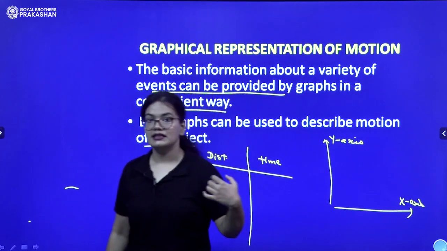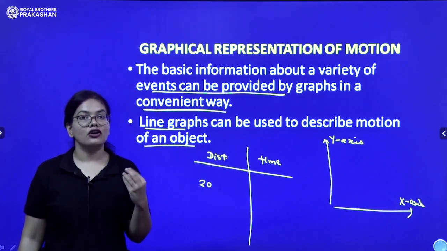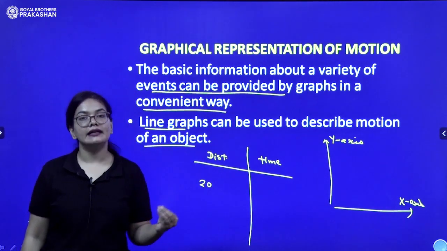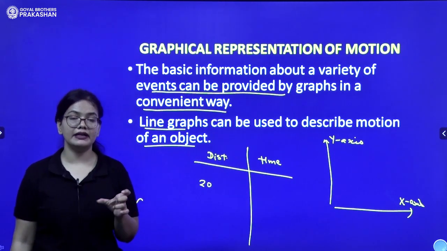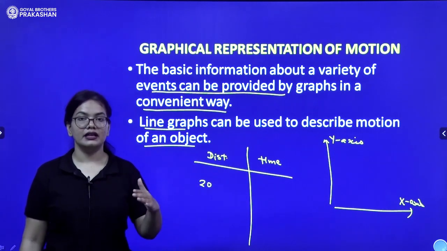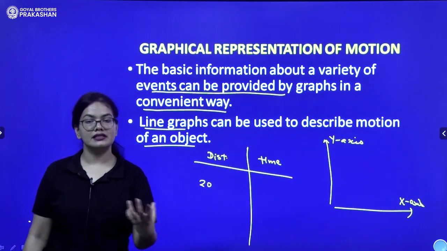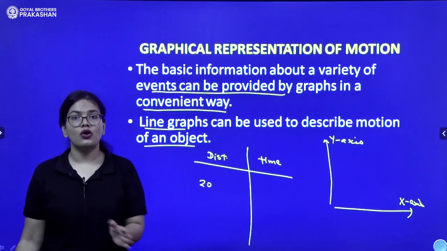Why is it so? The one thing you need to keep in mind is the concept of independent and dependent variables. Now, what is an independent variable? See, time is a variable, it is changing. You are taking the reading at 5 minutes, then at 10 minutes, then at 20 minutes, and so on and so forth.